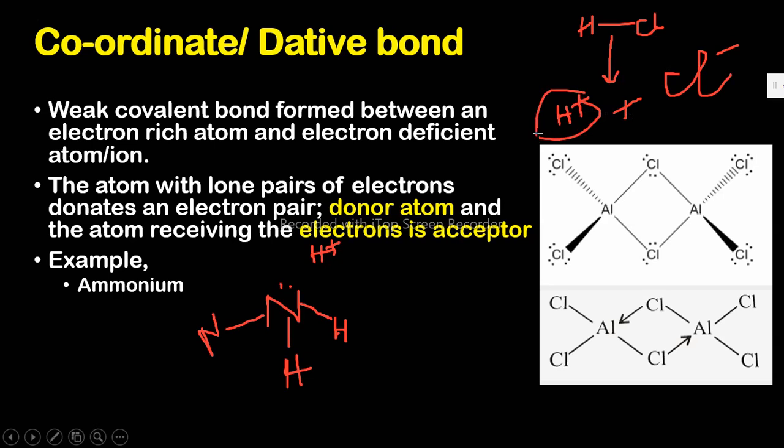So now this hydrogen finds another girlfriend, and the girlfriend donates all the 2 electrons. Then they share those 2 electrons. The bond formed by sharing of these 2 electrons, all donated by 1 atom, is known as a coordinate or dative bond.